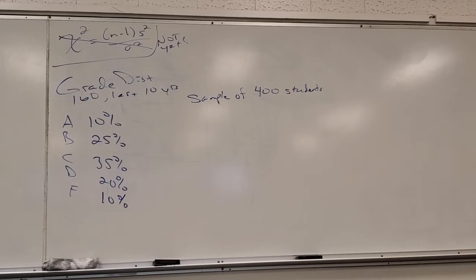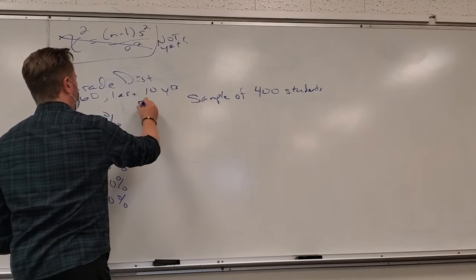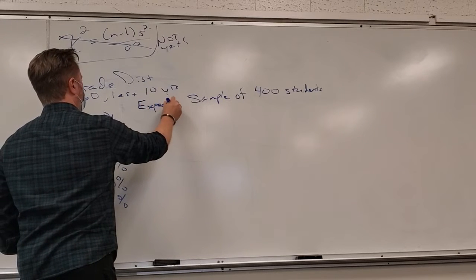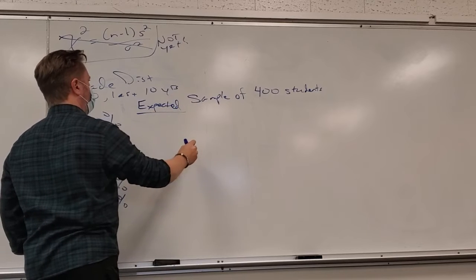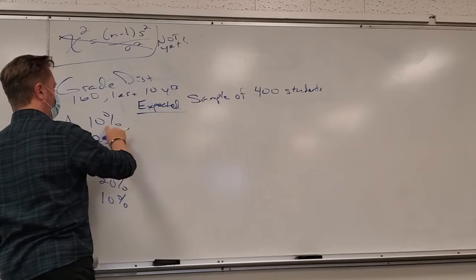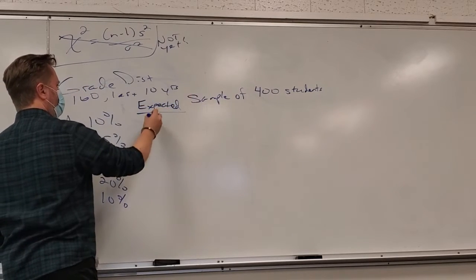Before I even take the sample, can somebody tell me how many A's I expect to see given what I've seen over the last 10 years? 40. Okay, so let's make an expected column here. I expect to see 10% of 400, which is 40.